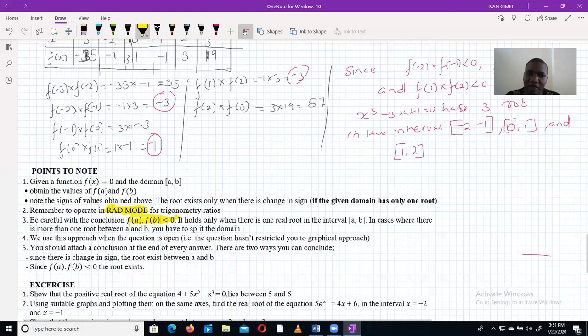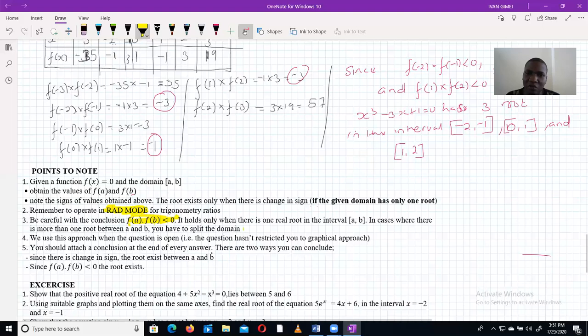Then you should attach a conclusion at the end of every answer. We've looked at that. Of course, in all my examples, I've been concluding. Some of you, after watching this at this level, may think it has become monotonous and boring, but it is necessary. You have to conclude every answer that you get. If you don't conclude, you lose the marks.